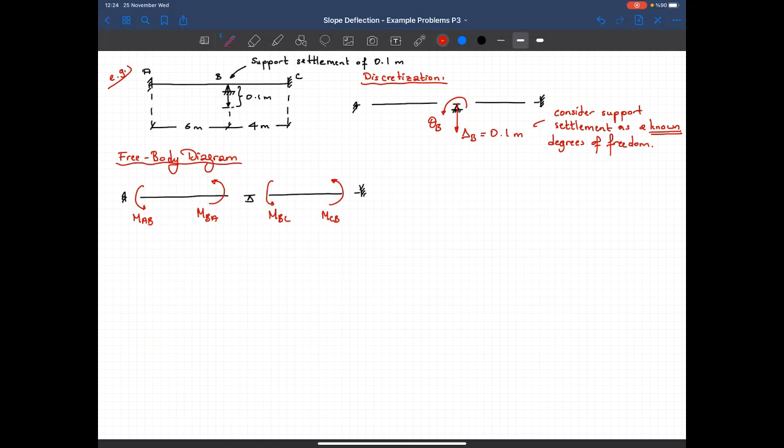Now remember that this is a 1 degree of freedom system, and we have only one unknown, which is the rotation at B. So I will need a moment equilibrium at node B. So sum of moments at B must be equal to 0. So this tells me that MBA plus MBC must be equal to 0.